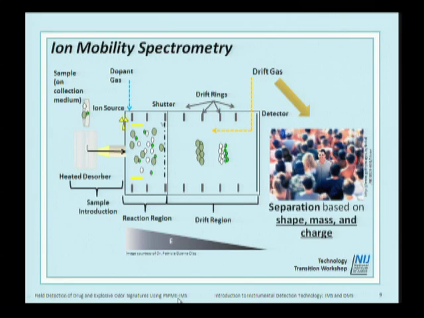So these ions are gated into the drift region, and under a uniform electric field, they're propelled towards the detector. Separation occurs due to differences in your ions based on shape, size, mass, and charge. We have this counterflow of drift gas that is coming against the ions that are traveling towards the detector.